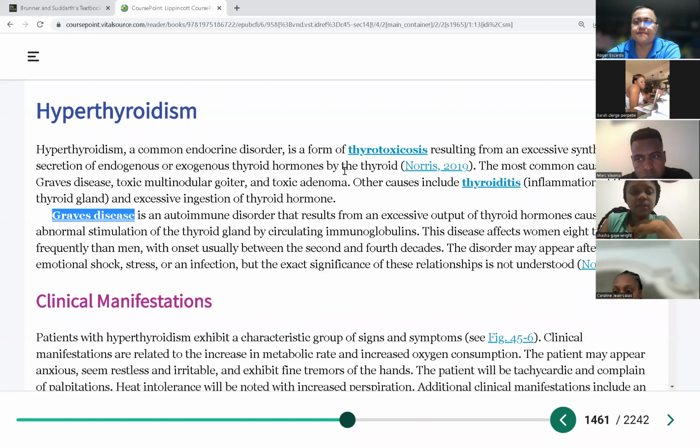Can you repeat that, Professor? In secondary hyperthyroidism, wherein the problem is with the pituitary gland, in which case it produces high levels of TSH, what will happen to the T3, T4 levels? It will be low. What's the purpose of TSH again?